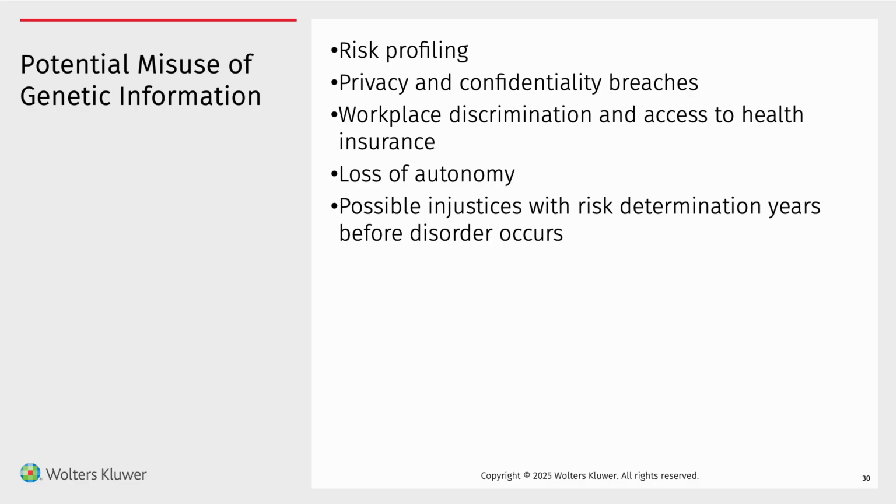Genetic information may be used to predict a person's risk for certain diseases before the symptoms appear. While this is very useful, it can also lead to labeling or profiling. Next, privacy and confidentiality breaches. Genetic data is highly personal, so unauthorized sharing or breaches can harm individuals and their family.